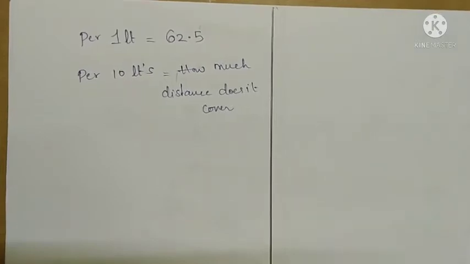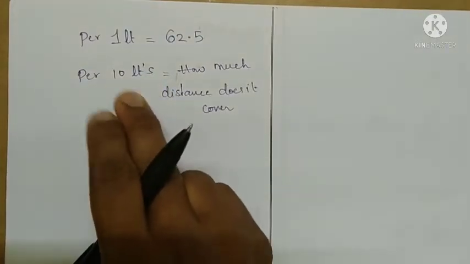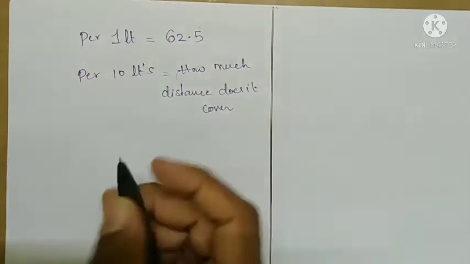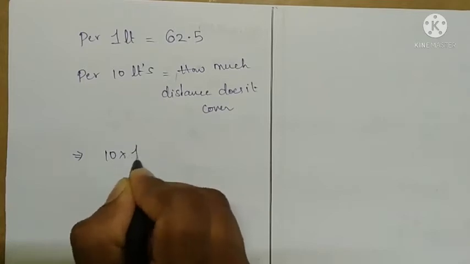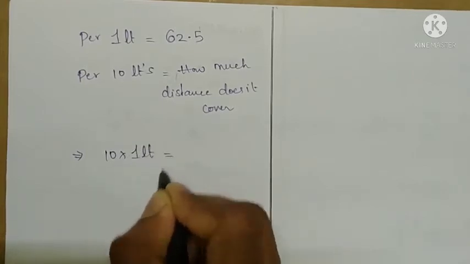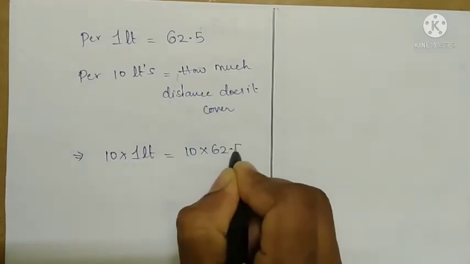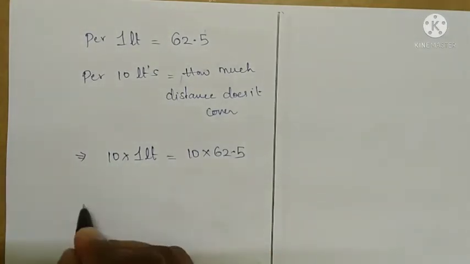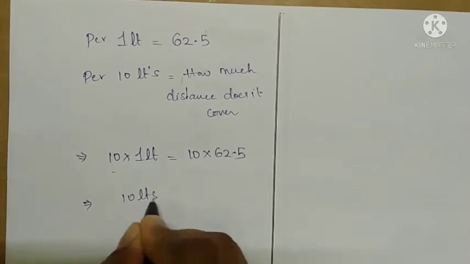So this problem is related to unitary method. We have to multiply 10 with LHS and RHS. So that is equals to here 10 into 1 liter is equals to 10 into 62.5. So that is equals to 10 into 1 is equals to 10 liters.